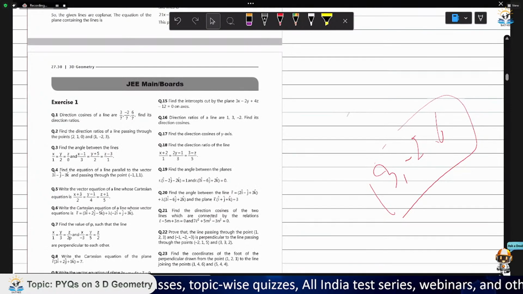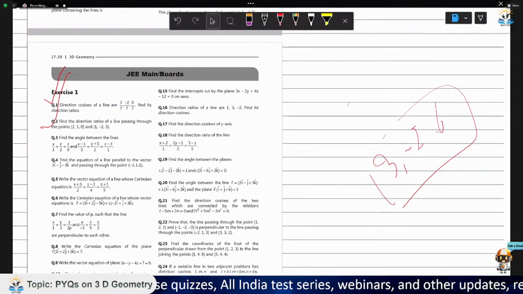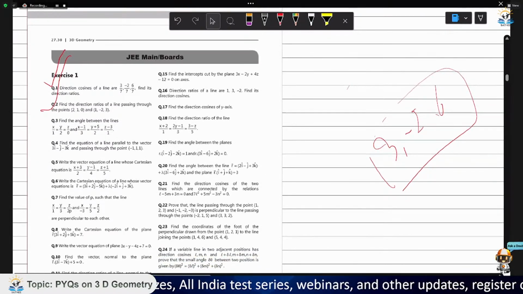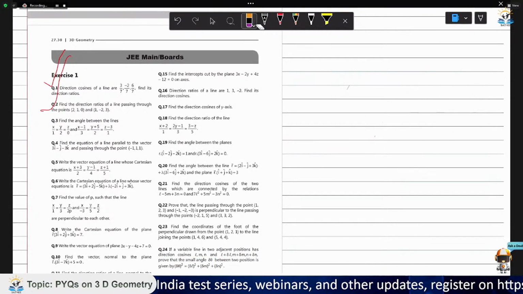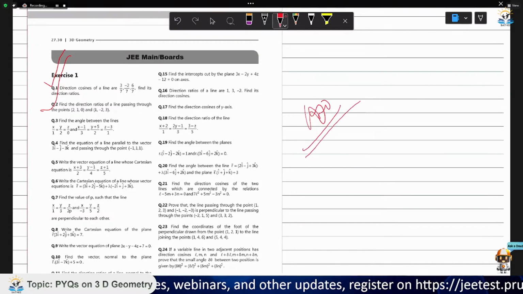Okay, so we are learning side by side. This is done, this is done. Now the angle. We know what the formula for the angle is, right? The cos theta formula. Let us check.